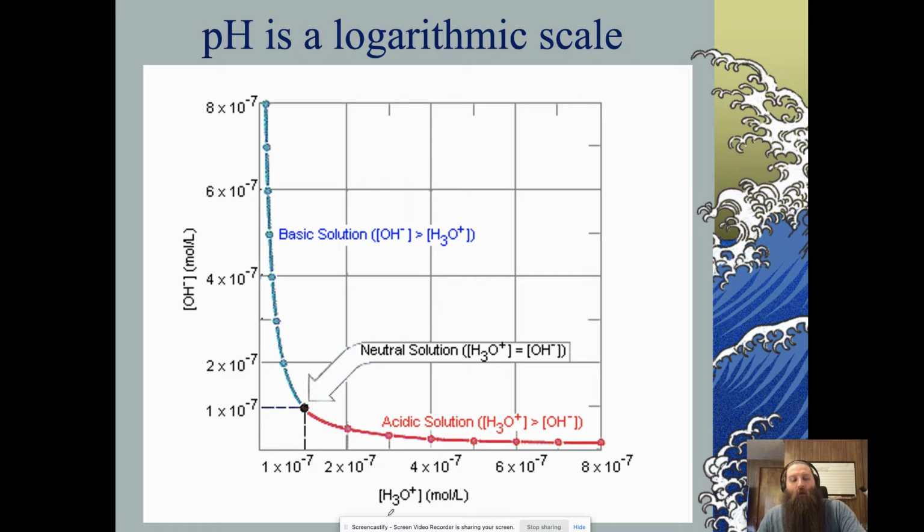The negative log of 1 times 10 to the negative 7, because that's what pH is, right? pH equals negative log of the concentration of H3O plus. Well, the negative log of 1 times 10 to the negative 7th is 7, right there. That's the point where they are equal. So that's why 7 is neutral.